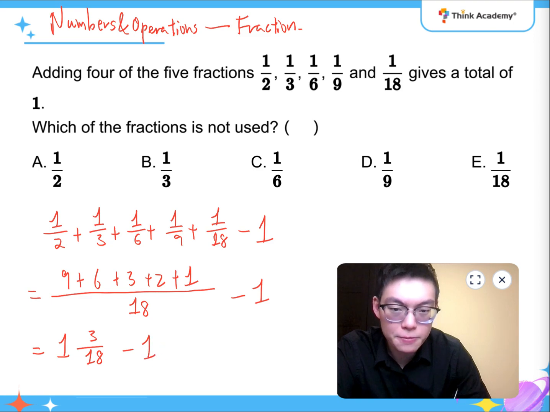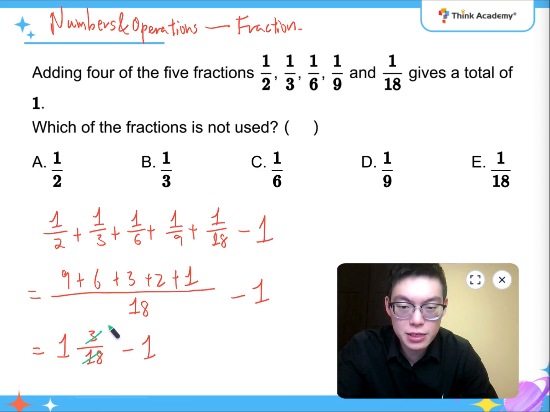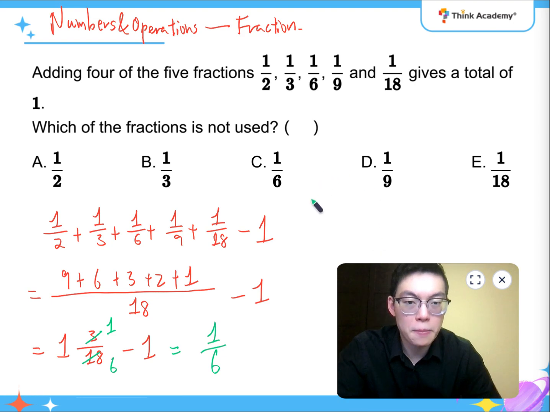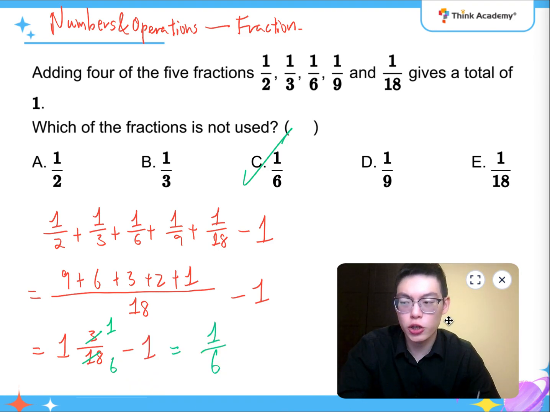Take away 1. Of course, we can simplify 3/18 into a sixth. So the answer is going to be a sixth, which is C. All right? So that's how we know which one of these fractions is not used.